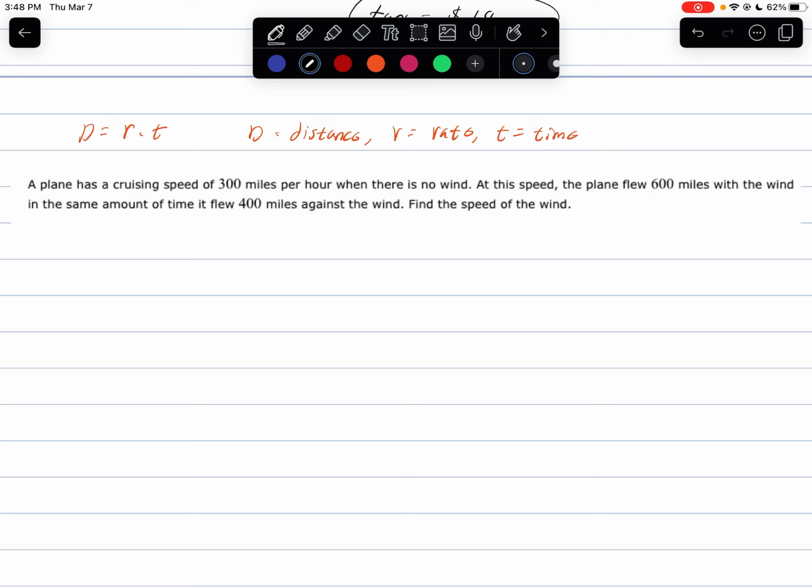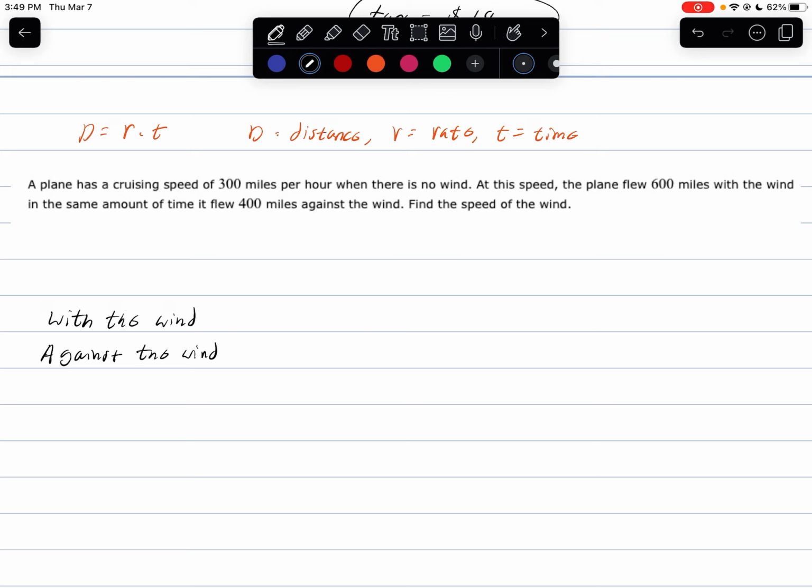Okay, I will admit these are moderately complicated problems, but they're not so bad once we break them down a little bit. So to start with, we're going to make a table. We start by finding all the information we know. So we know the speed of the plane. We know how far it traveled with the wind, and we know information about against the wind.